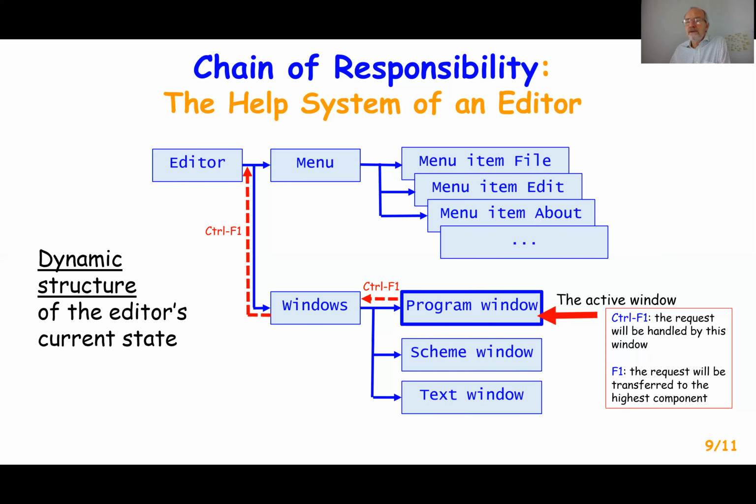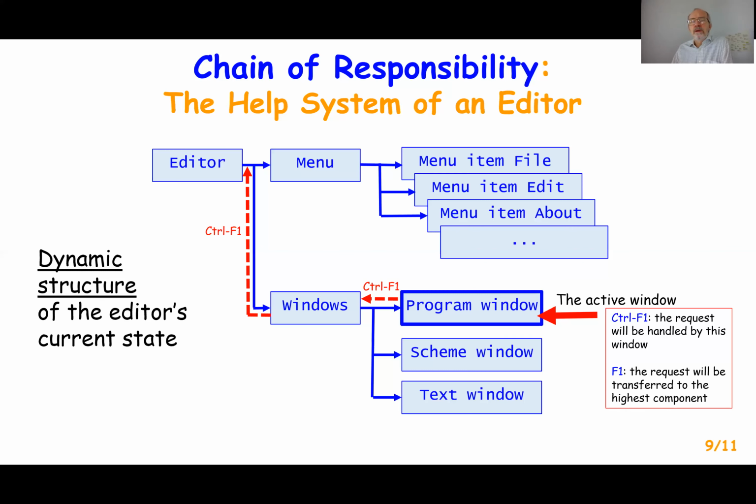This is not about this particular window, but the request is about the whole system. Pressing F1, the user needs to get common information about the text editor. In that case, program window decides that it is not responsible for this request.